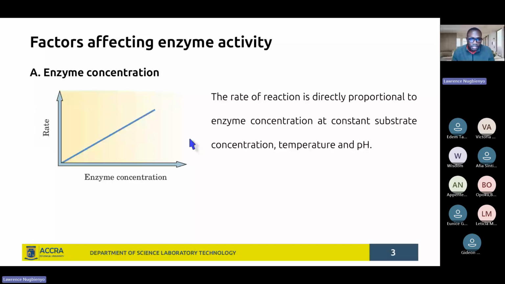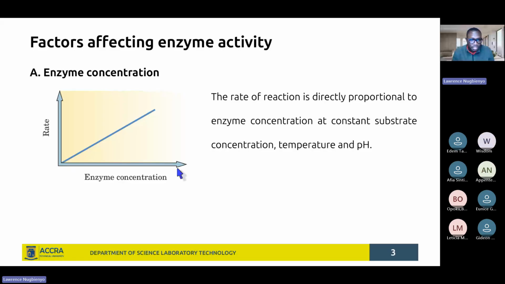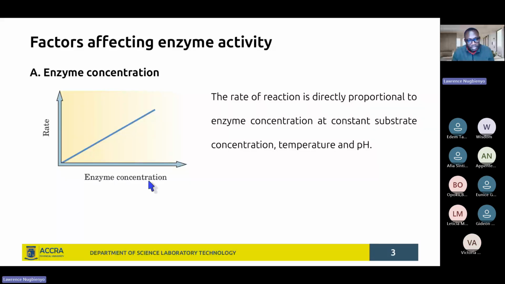So when we take enzyme concentration, if you look at the chart which is on the left-hand side of your screen, we have a relationship between enzyme concentration and the rate of reaction. And clearly, the rate of reaction increases with increasing concentration of enzyme.